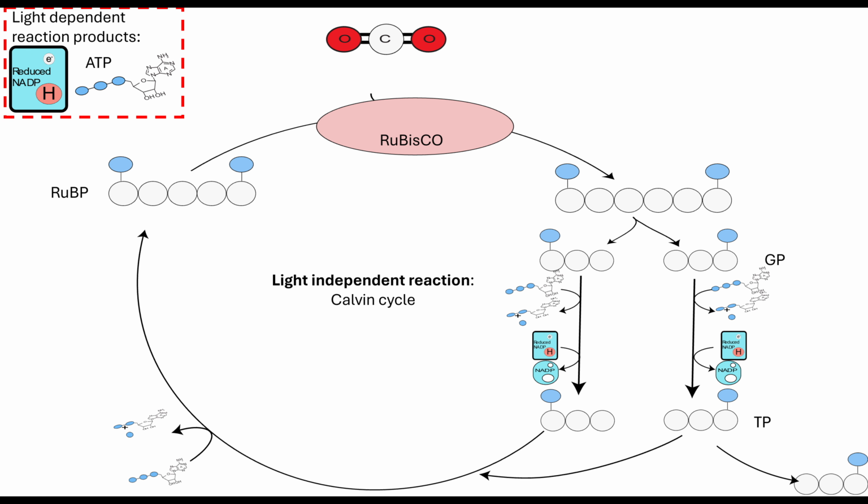So it's important to remember that as you are going around, one cycle would only regenerate 1 RuBP. So therefore, it has to happen in a number of cycles to ensure we end up with this regeneration.